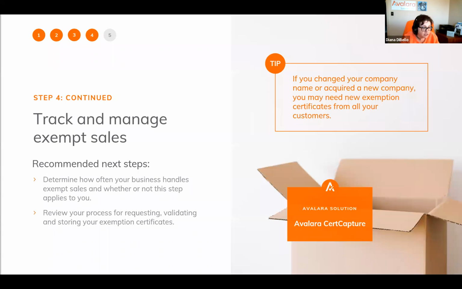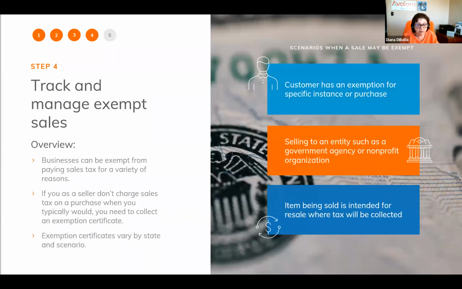So we're up to step 4, and I am running out of time, but we want to get through these topics. So track and manage your exempt sales. So if you are selling to wholesalers, or if you are a wholesaler selling to the retailer, they're going to be purchasing their goods from you exempt typically. So when you do that, you need to collect an exemption certificate.